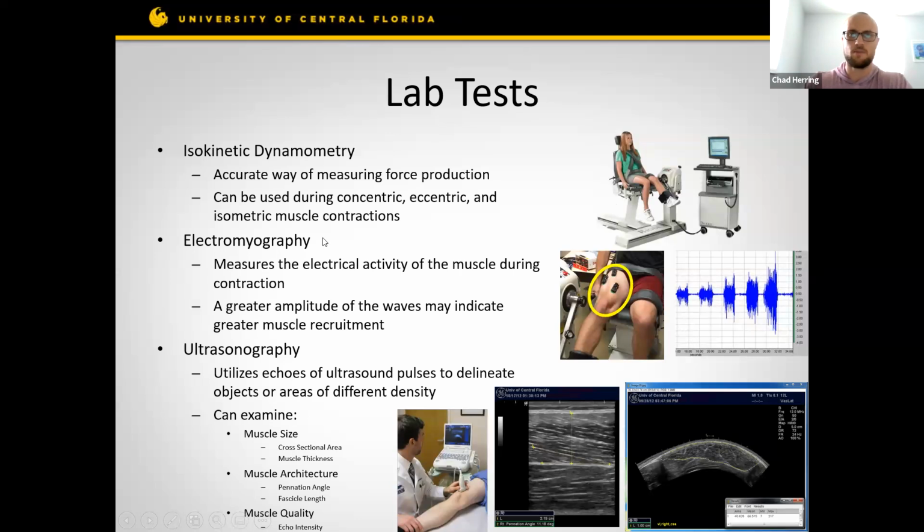EMG, or electromyography, measures electrical activity of the muscle during contraction. You can see here those are little EMG sensors measuring the activity of the quadriceps during what seems to be a leg extension. And this is Dr. Stock, who runs one of our labs in our department and is really big into EMG.